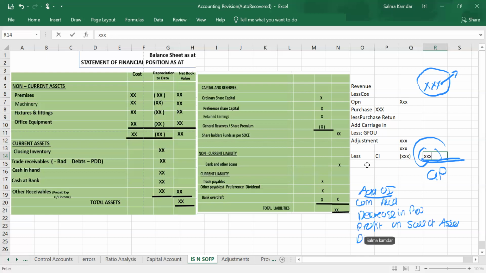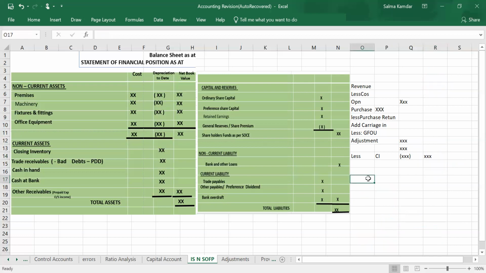Discount received. So if you have these items, do not forget to record them. There are four things you record in other income: discount received, profit from selling assets, commission received, and decrease in provision.